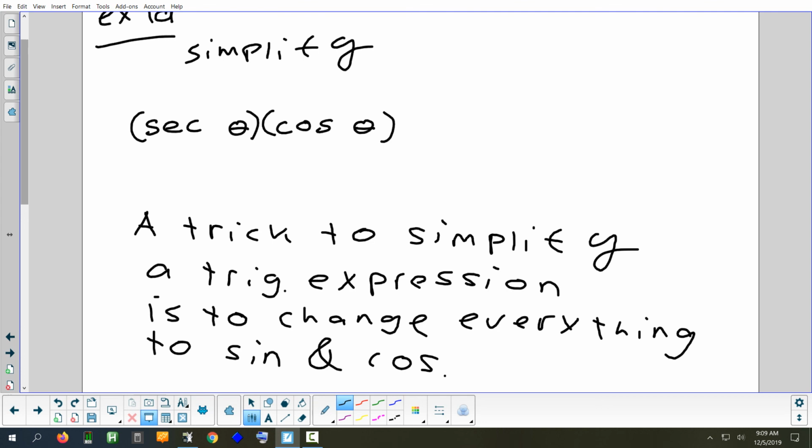All right. So let's start with secant. That's not sine and cosine, but I can change it so it is. So using the identities I just gave you, can somebody tell me a different way to write secant?